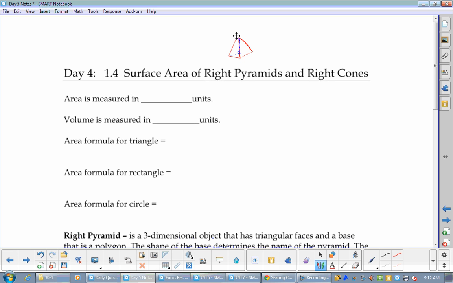If you go from the top and drop right down to the flat part, it's a nice right angle. So that's what right means.